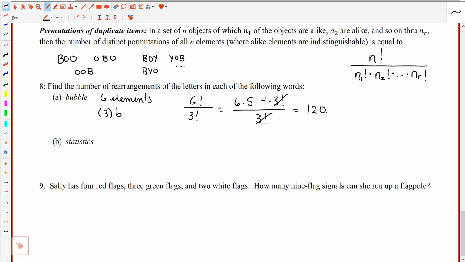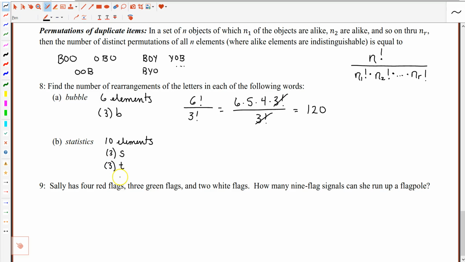Let's try that again, but with rearranging the letters in the word statistics. In this one there are 1, 2, 3, 4, 5, 6, 7, 8, 9, 10 elements. Now let's take a look at their repetitions. I'm seeing an S that's repeated 3 times. I'm seeing a T that is repeated 3 times.